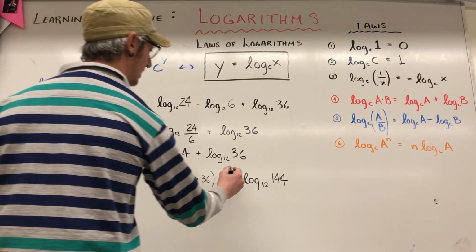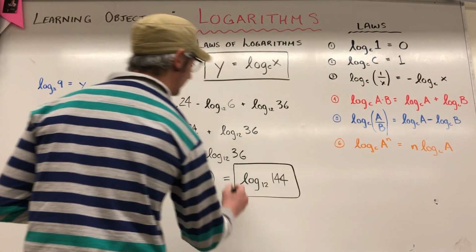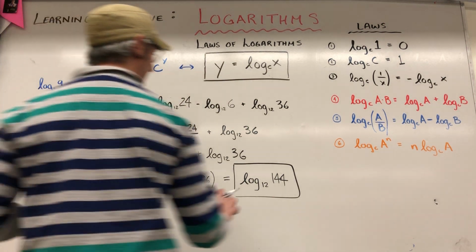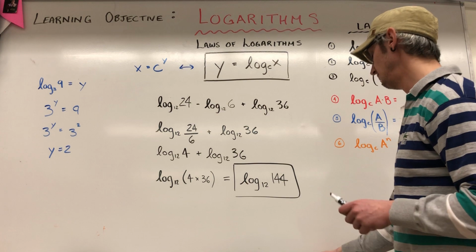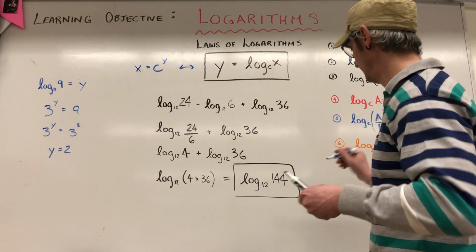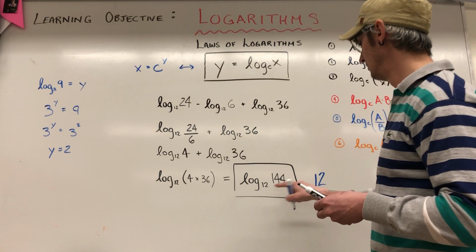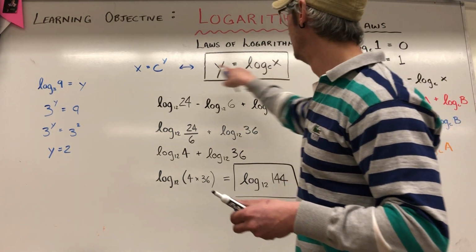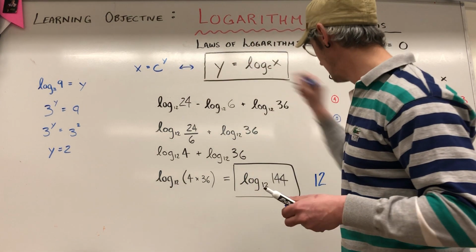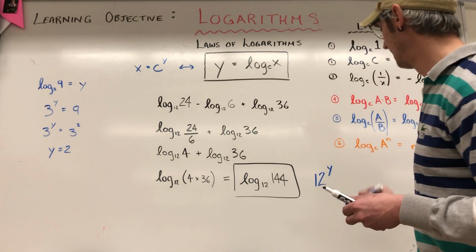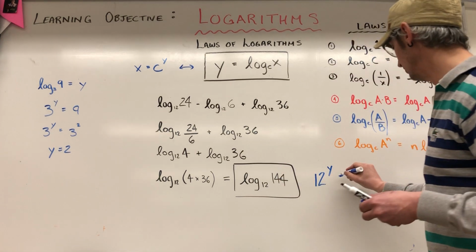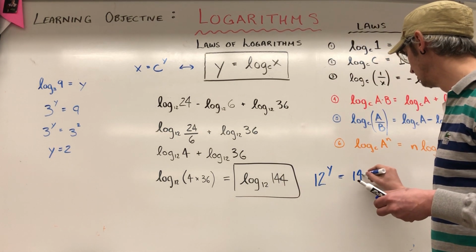Okay? And if I was to evaluate this, I'm going to convert it into exponent form to evaluate it. I get 12 to the power of whatever I have. 12 to some power is equal to 144.